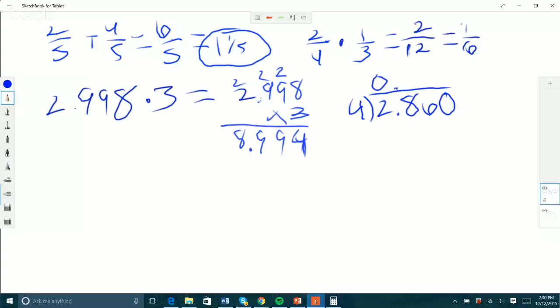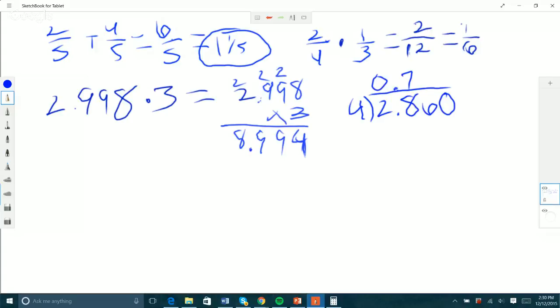Let's again go with the decimal places. 4 times 28, that's 7. And since 4 and 28 are all together, we can move on to 6.